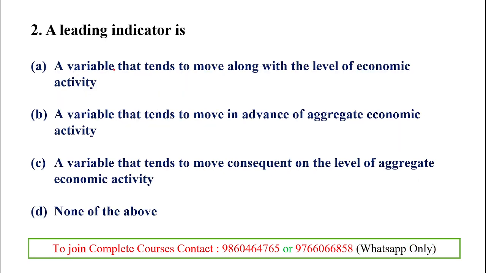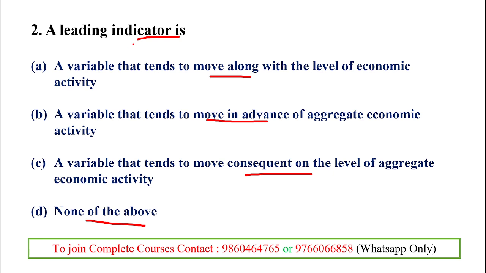Next question, leading indicator is. Leading indicator means what? The options: the variable tends to move along with the level of economic activity, or the variable moves in advance of aggregate economic activity, or it moves as a consequence of the level of economic activity, or none of these.